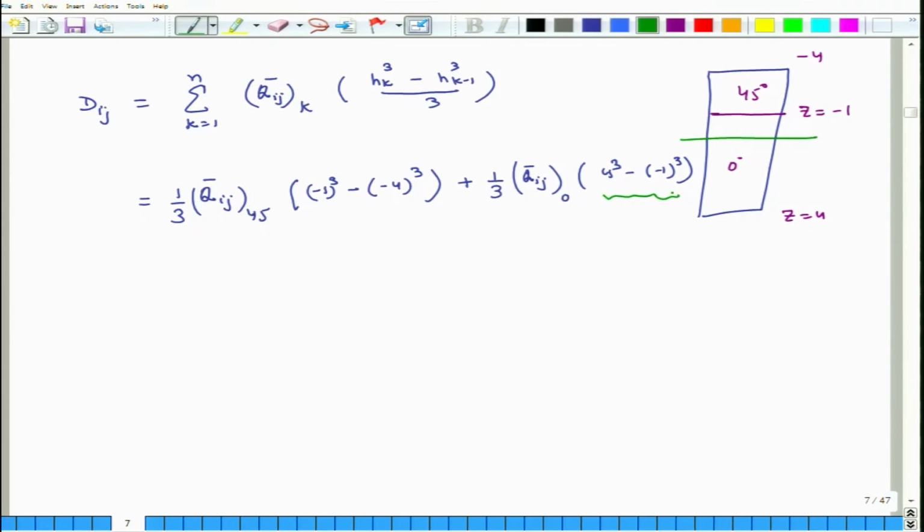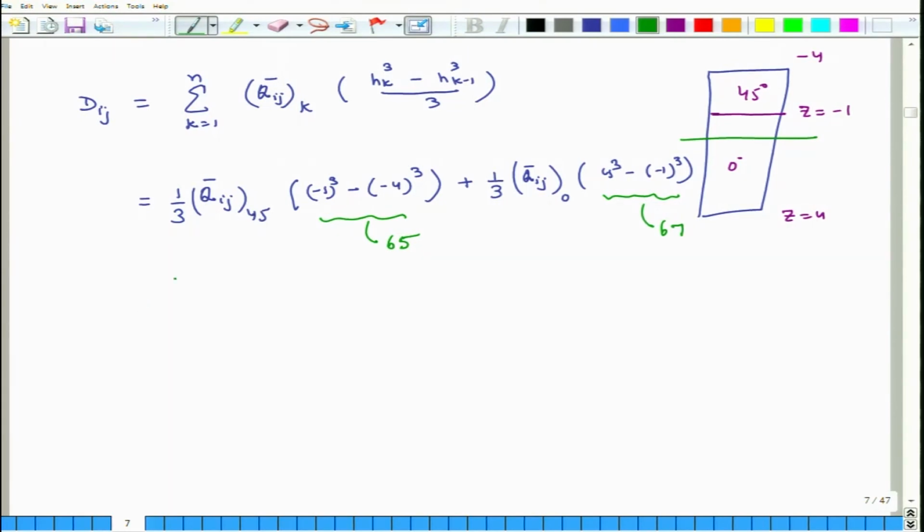This is 64 plus 1, so 65, and then you divide it by a factor of 3.